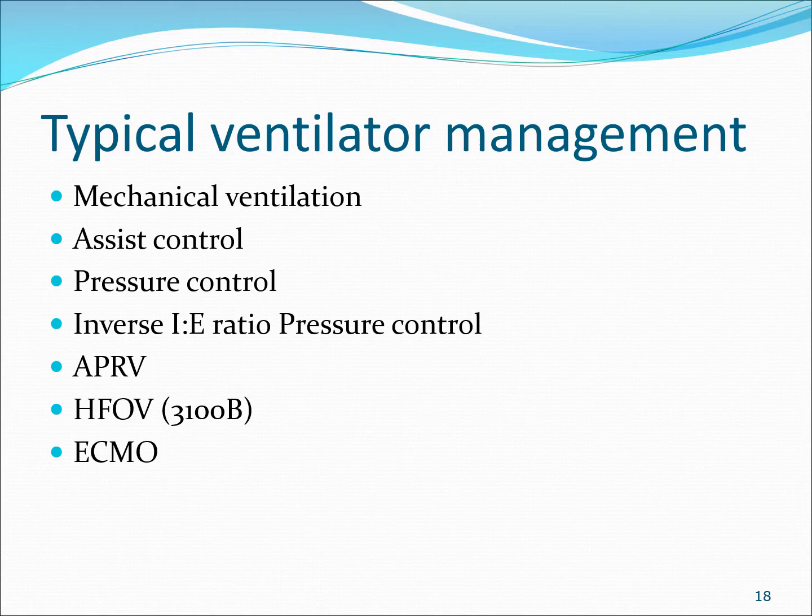A lot of times these patients don't do very well, because their compliance gets worse and peak airway pressures start increasing. You put them on mechanical ventilation, and before you know it, the compliance is worsening and their peak airway pressures are getting worse. And then there's a thing called ventilator-induced trauma to the lung. You don't want to create this kind of damage to the lung, because that'll only exacerbate the patient.